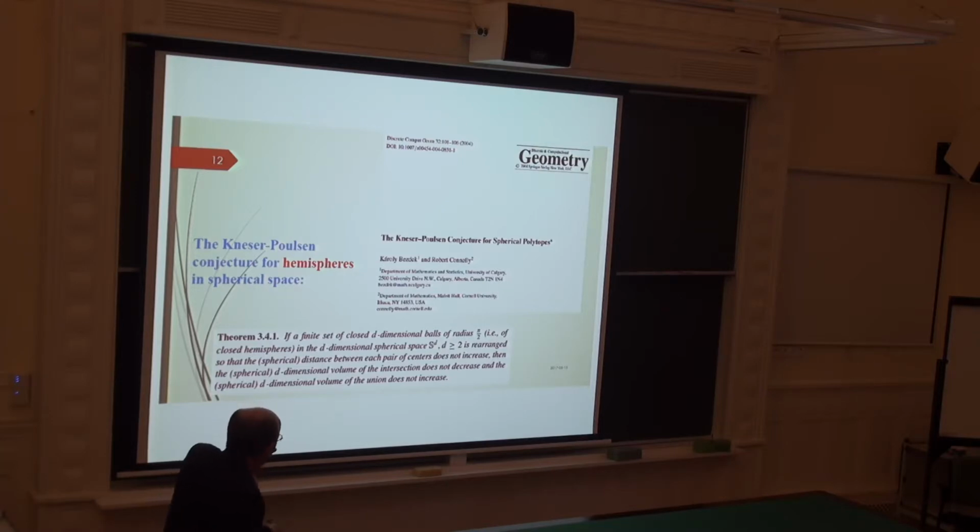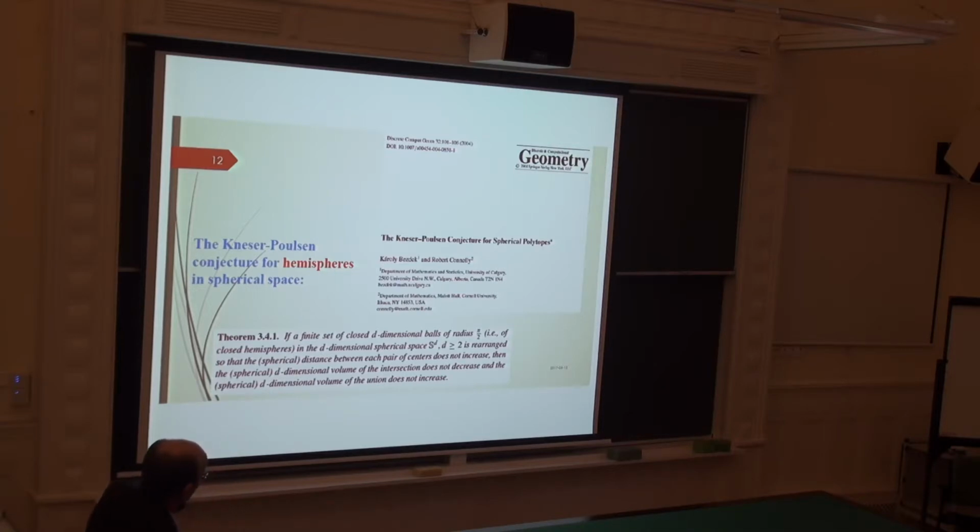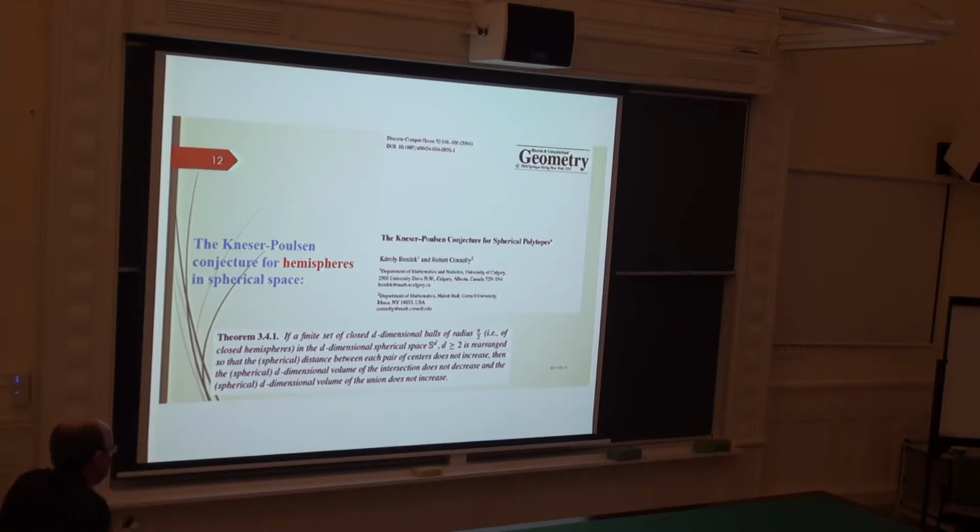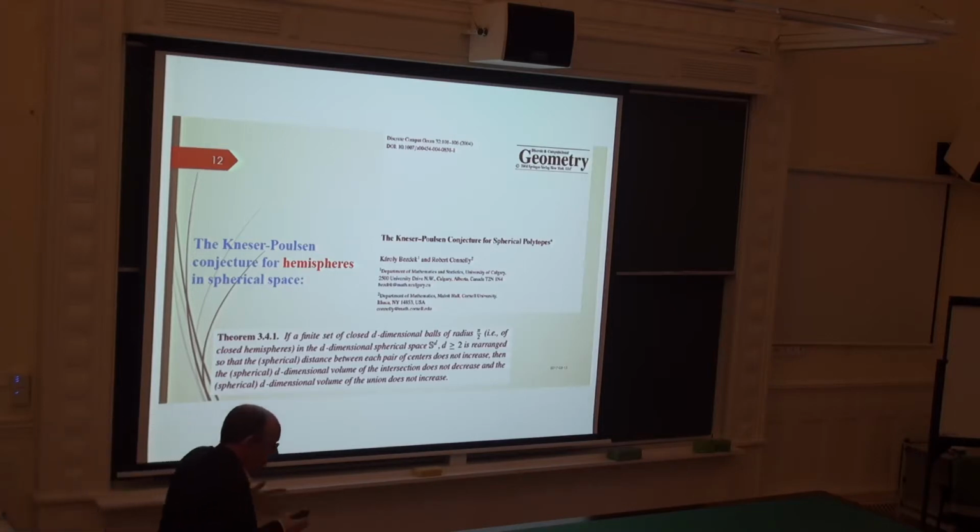If you start with a finite system of closed hemispheres, in other words, balls of radii pi over 2 in spherical D space, and rearrange them such that the pairwise distances decrease, in this way we generate a contraction, then it turns out that the volume of the intersection increases.